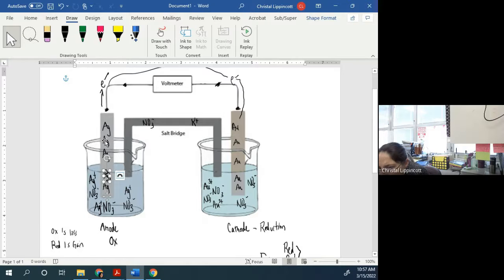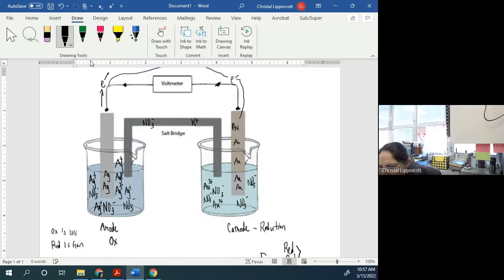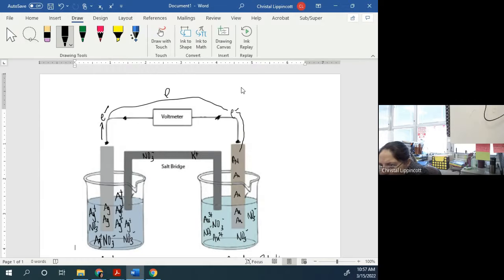So 3 of these are going to come off. These are all linked together, so I'm just going to grab them. I'm going to get 3 electrons traveling across here. 1, 2, 3.